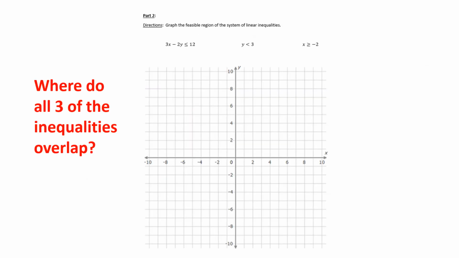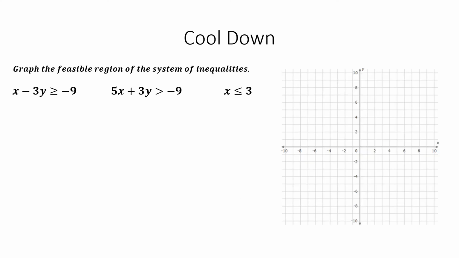So we are at the second part of our project, and so you're going to be graphing 3 inequalities. So to do that, we practice with a cool down, and so we need to solve all 3 of these inequalities. So I'm going to put a 1 there because I see the mistakes when people don't.